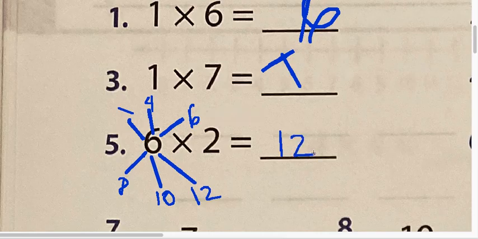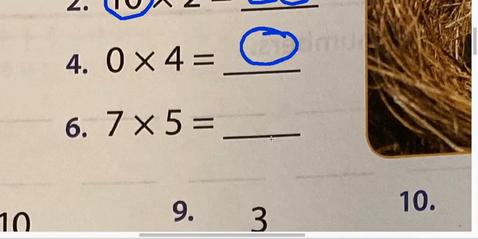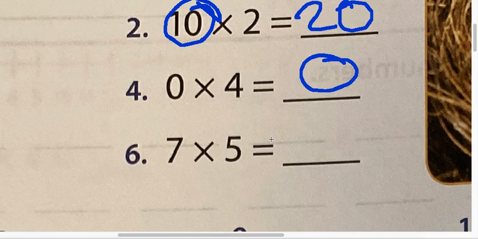Now let's look at number 6. Do you know how to skip count by 7 or 5s? We know how to skip count by 5s. So since we know the 5s, let's underline that one.